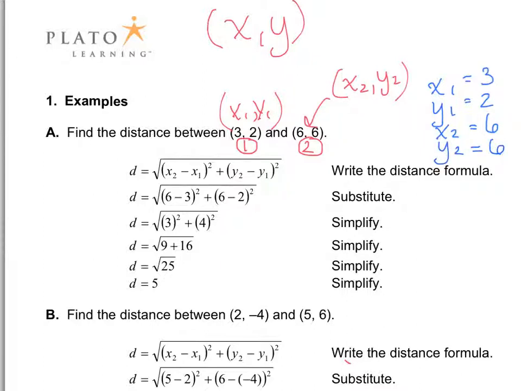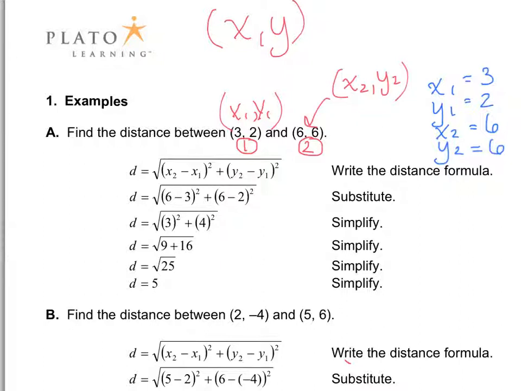So now that we have these values, we can substitute them because x1 is equal to 3 and y1 is equal to 2 and x2 is equal to 6 and y2 is equal to 6. That means that they're equal and we can swap them out and it wouldn't change the meaning of our equation. So as you can see here, these values are then substituted in for x2, x1, y2, y1 into our formula.